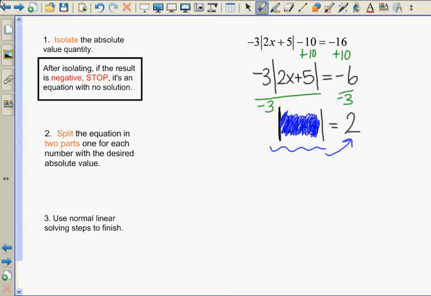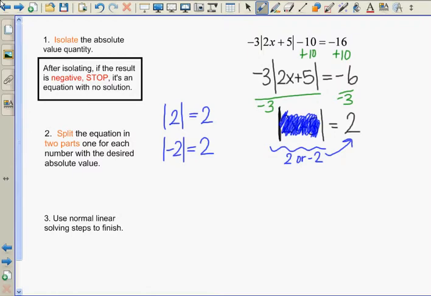What numbers have a distance from 0 of 2? There are 2 numbers. 2 has an absolute value that's 2 away from 0. And also, -2 has an absolute value of 2 because it's also 2 units away from 0. So the stuff inside could be 2 or -2.